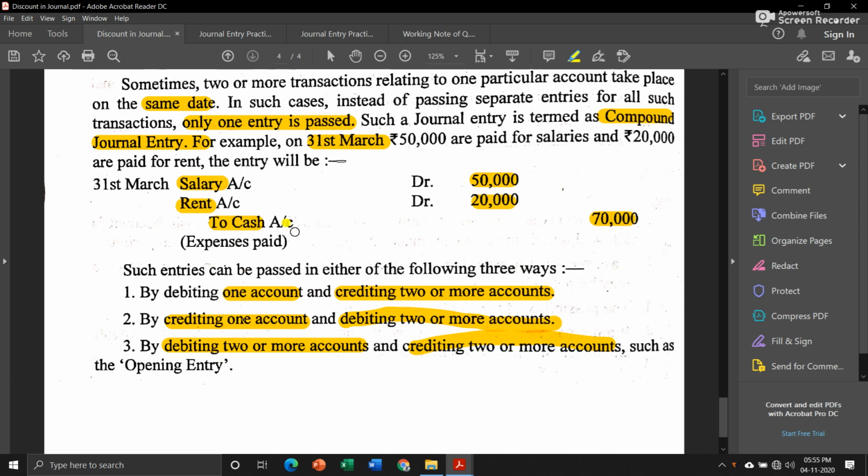Means both in the debit and credit side there will be more than one account, such as the opening entry.